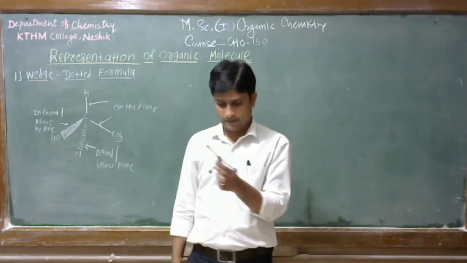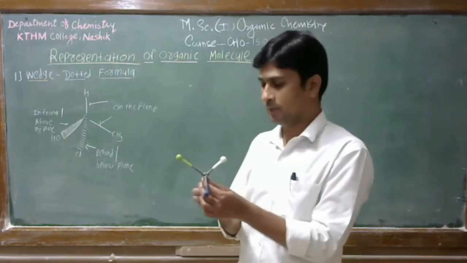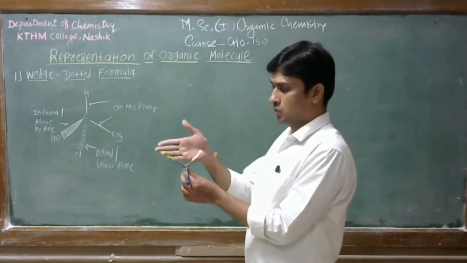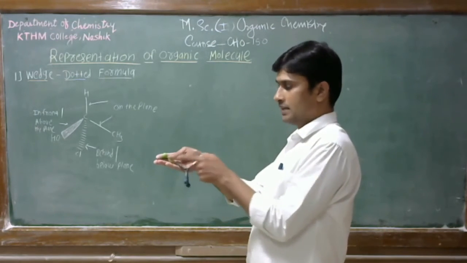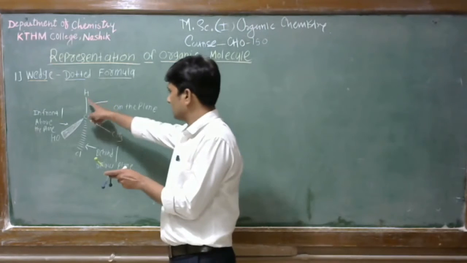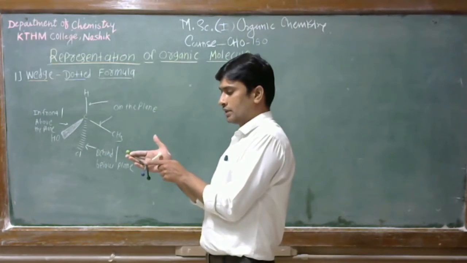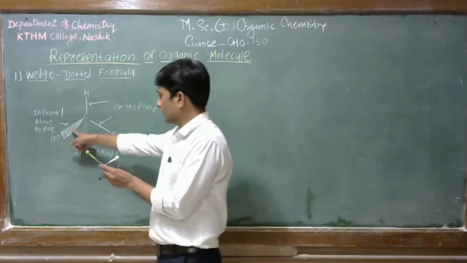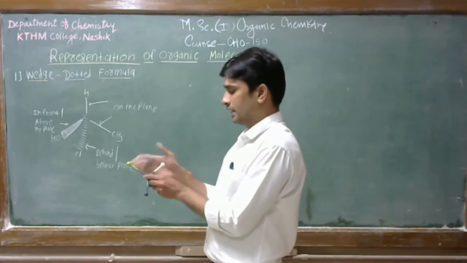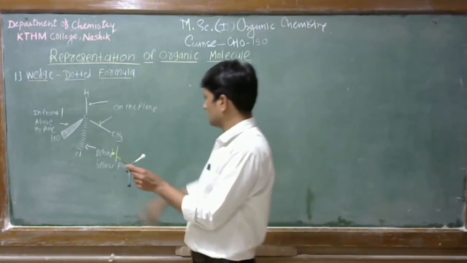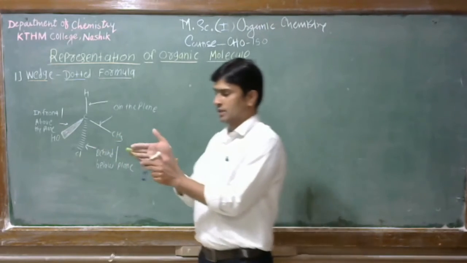For this structure, we have to keep in mind one thing: the group present on the plane is shown by the normal line, the group present in front of the plane by the wedge line, and the group present behind the plane is shown by the dotted line.